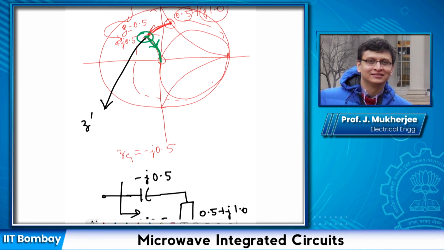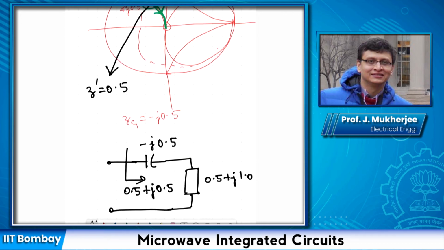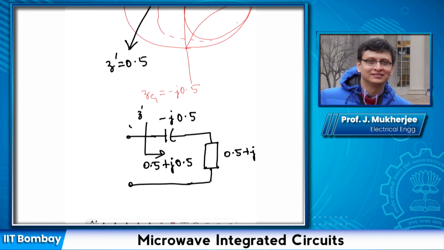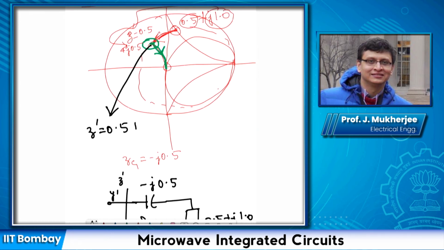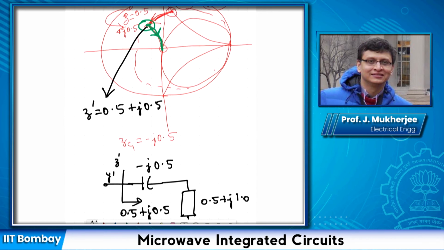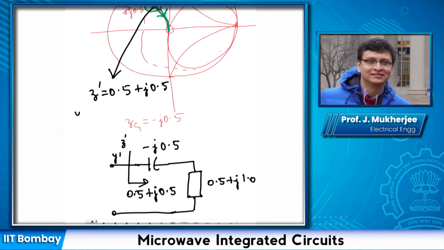So I have at this point Z dash equal to 0.5, so this means this is Z dash or Y dash, 0.5 plus j 0.5. Now the corresponding admittance is 1 minus j1.